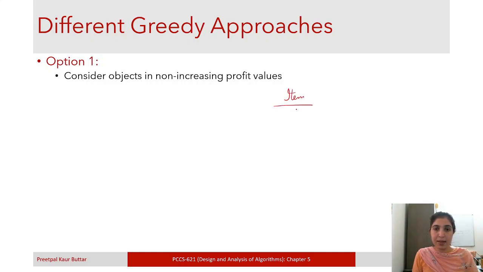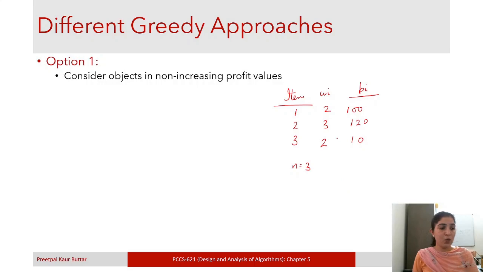Suppose these are items 1 to 3. So there are 3 items, n is 3, and the weight of item 1 is 2, item 2 is 3, and item 3 is 2. And then the profits are 100, 120 and 10.